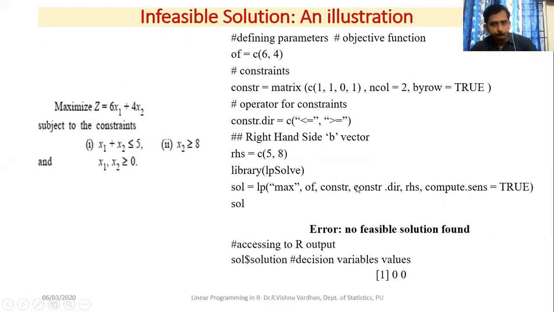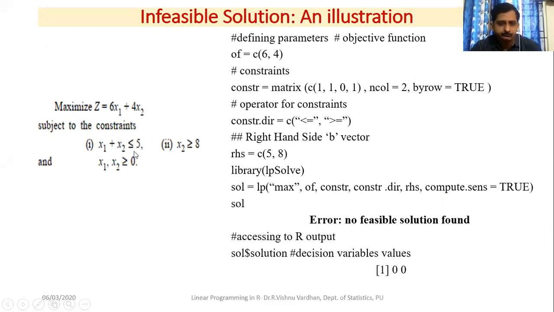Since, graphically, x1 plus x2 less than 5, x2 greater than 0, when you have a graphical plot, there is no intersection of these two lines. So definitely it will be an infeasible solution. It will tell you the error: no feasible solution found.